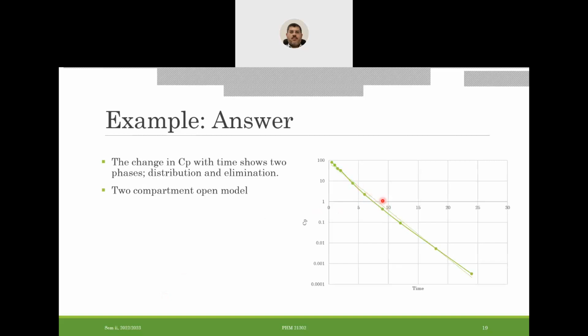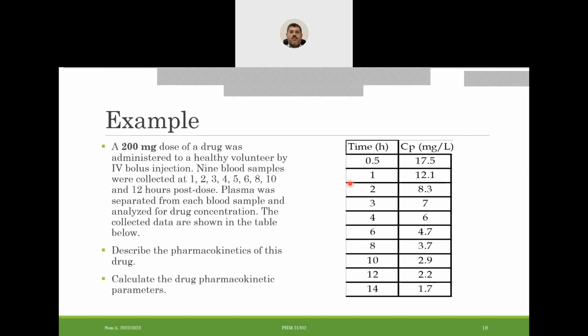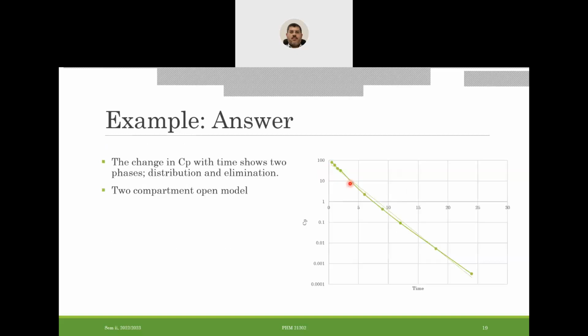So this is the trend line, the straight line. As you see, this one is not a straight line. So when you describe the pharmacokinetics, you cannot say this is a one compartment model, but the drug is following two compartment kinetics. Okay.